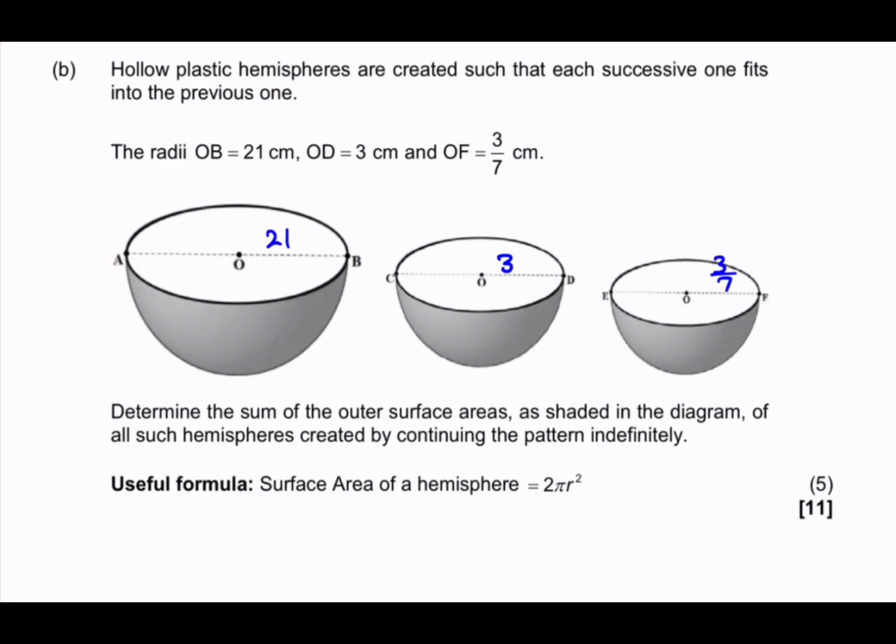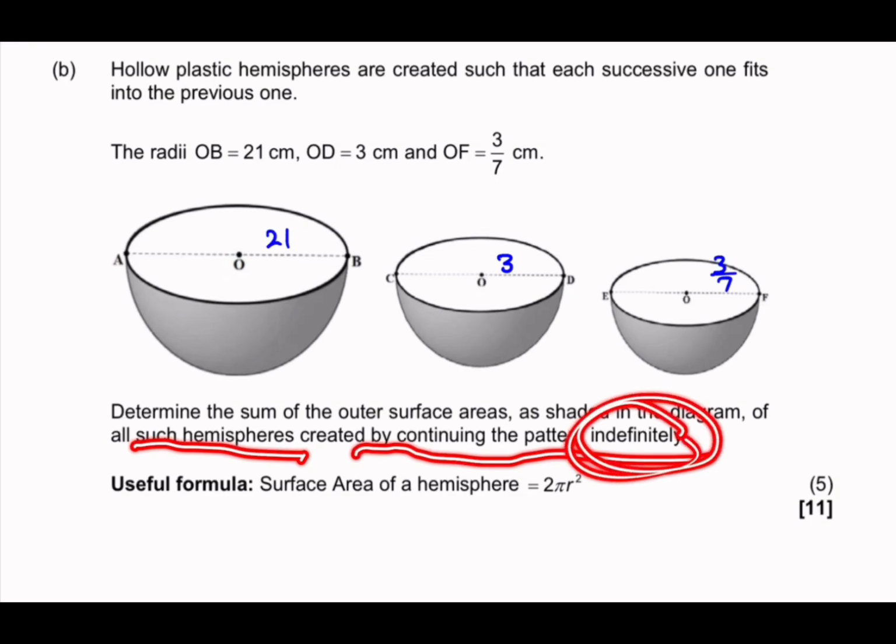Now let's get what we're trying to do here. Determine the sum of the outer surface areas. The outer surface is these gray areas that are shaded in the diagram, of all such hemispheres created by continuing the pattern indefinitely.